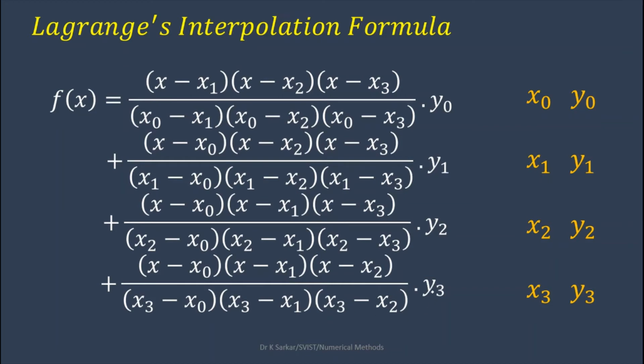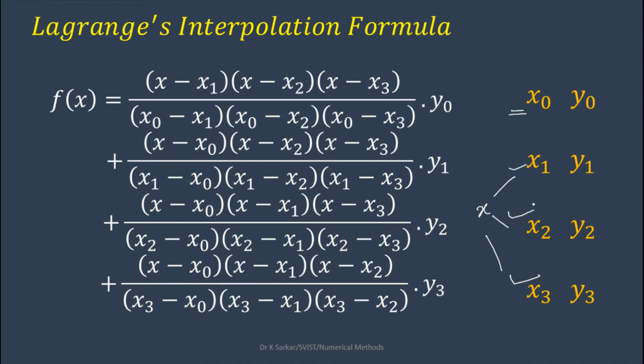So when we take the first term, we subtract x1, x2, x3 from x, leaving x0. And in the denominator, x1, x2, x3 are subtracted from x0.